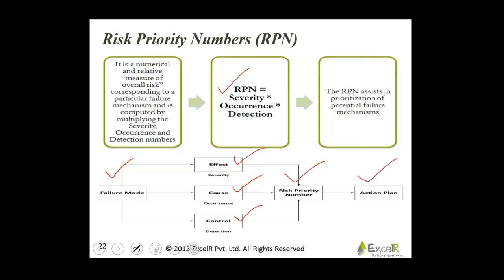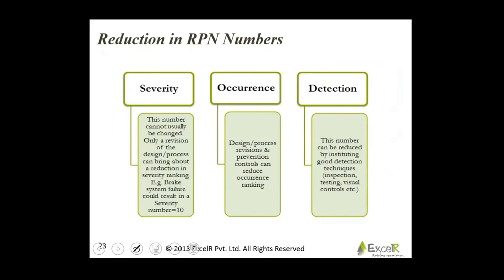Let us look into a quick case study: reduction in risk priority numbers. I have severity, I have occurrence, and I have detection, right? I need to reduce, right? How can I do that? Severity. This number cannot usually be changed, right? Only if you change the design or process can I reduce the severity ranking.